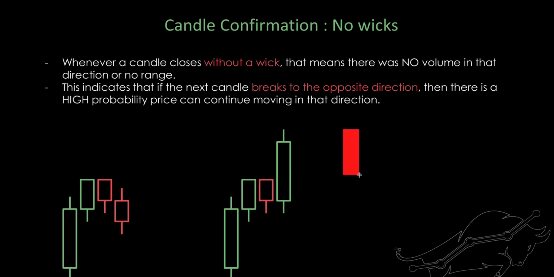Let's say you have a bearish candle moving like this, and then you have a next bearish candle that sometimes moves like this, and then you have a bullish candle that, let's say, closes with no wick at the bottom and it closes like this, right? And then what you may find is now you have a support formed at this point, and if the next candle is a bearish one and starts breaking the low at this point, let's say like this, that is going to be your impulse entry at this point.